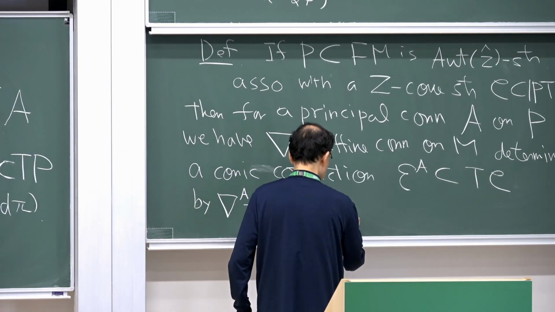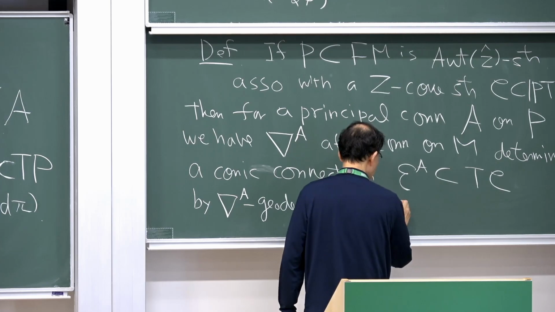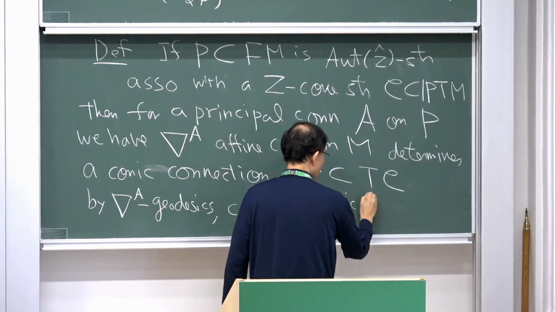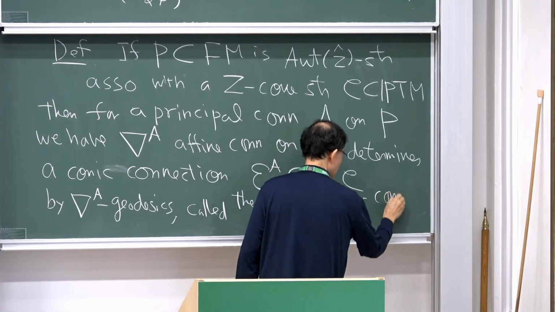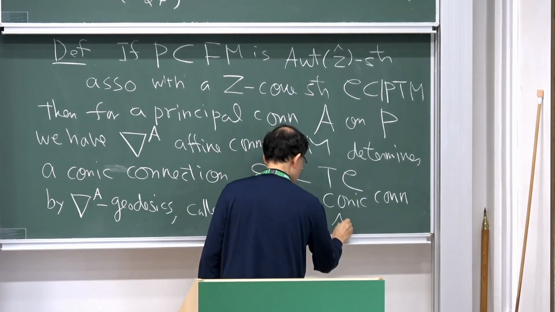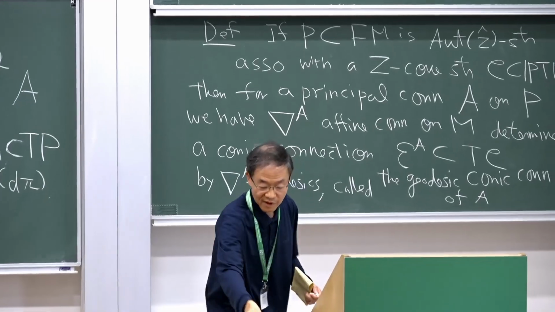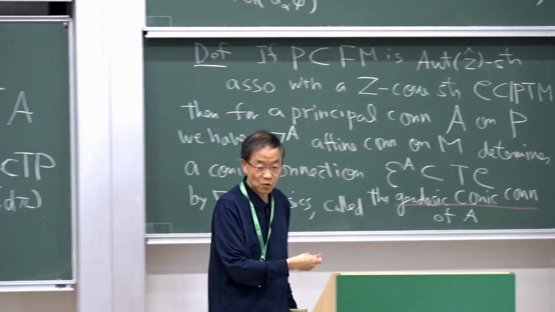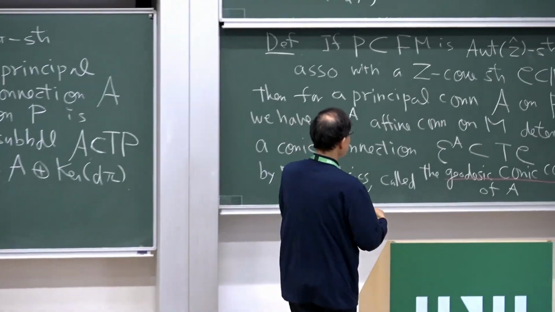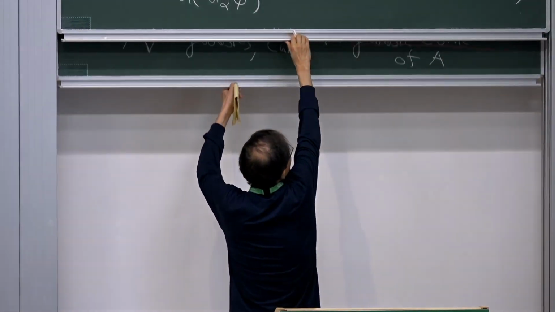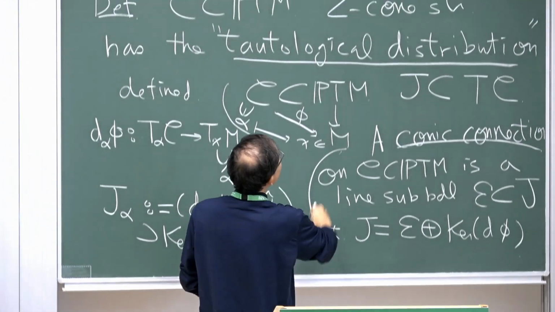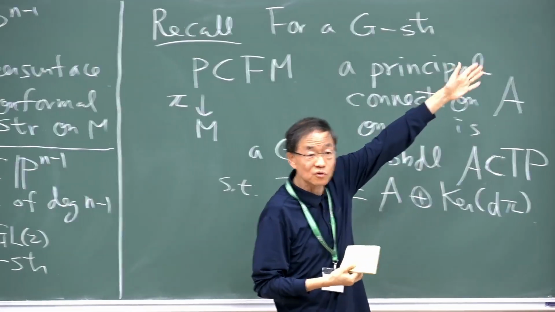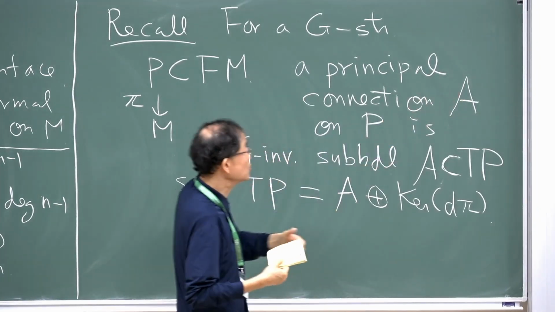We call it the geodesic conic connection. Okay, that's something I define. That's a name. So one way to get a conic connection is to choose a principal connection, then the geodesics of the connection give you a conic connection. That's one way.